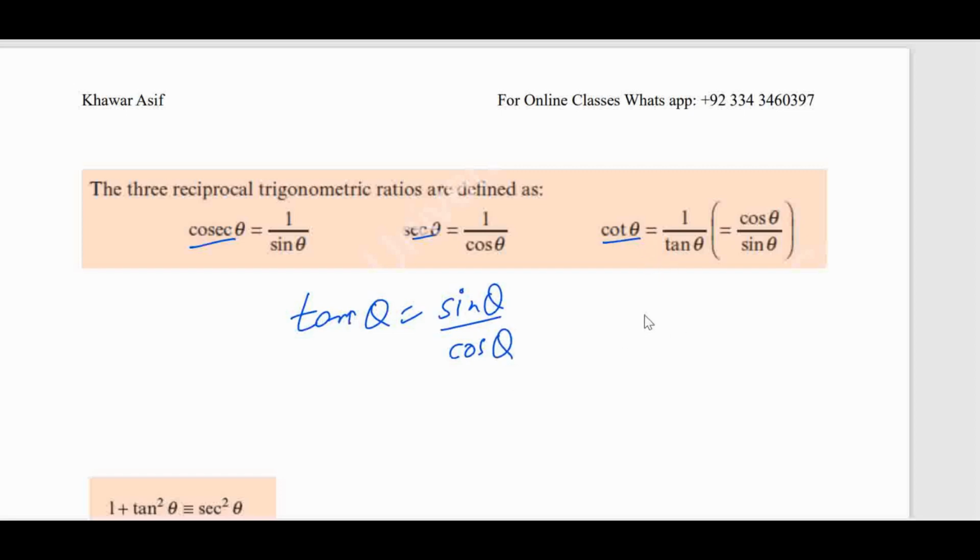Same goes here, that cot theta will be equal to cos theta divided by sine theta. Now we can clearly see that cot is the reciprocal of tan, so we have to change the denominator and numerator in the case of sine and cos.